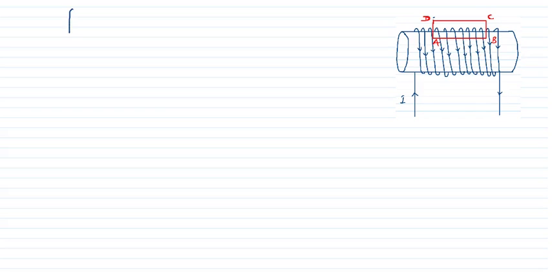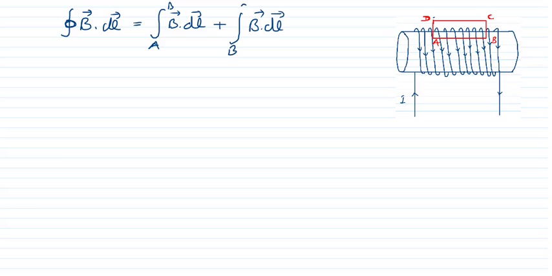B dot dl, it is a closed line integral, so it can be written as the sum of line integrals from A to B, plus B dot dl from B to C, then from C to D, plus D to A. This is a closed line integral.